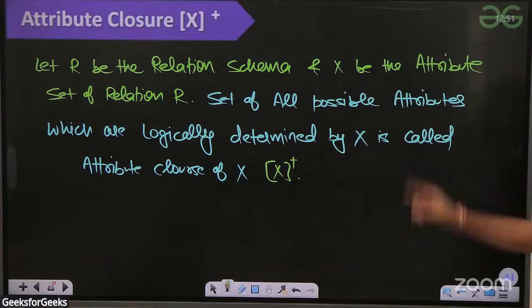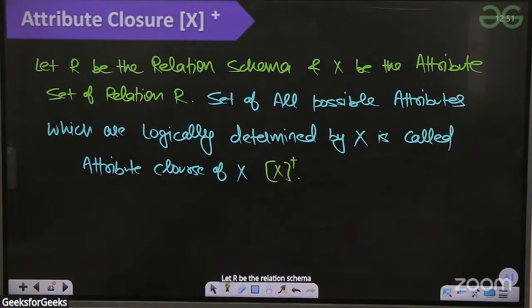Let R be the relation schema and X be the attribute set of relation R. What is the meaning of attribute closure?